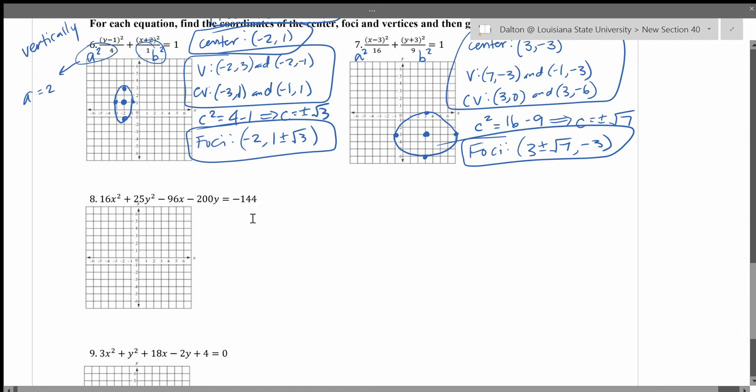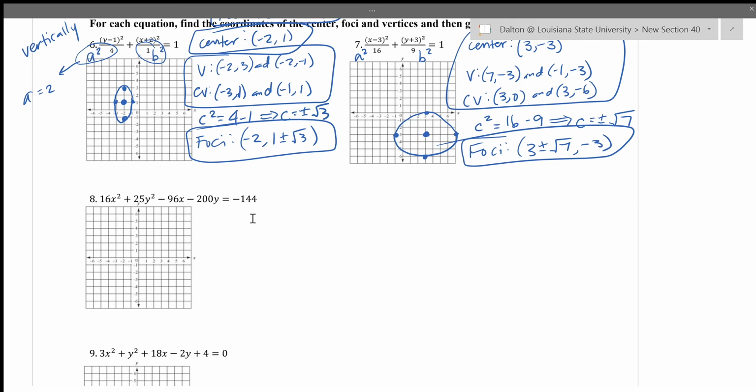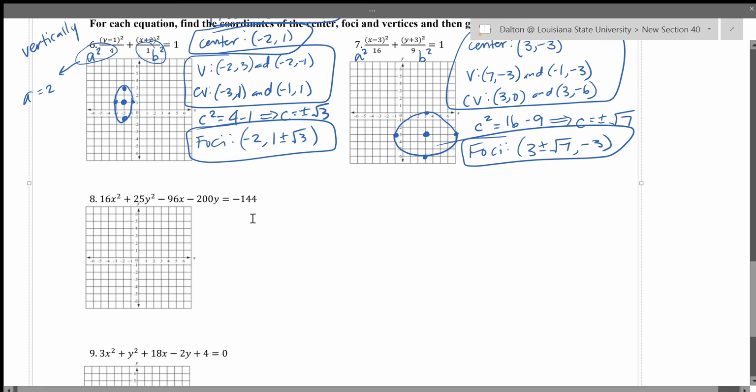So yesterday when we did circles, we implemented completing the square in order to get this into the form that we need. And we're going to do the same thing for the ellipse, except we're going to complete the square twice, and there's going to be one little difference that we have to be mindful of. Okay, so the first thing that we want to do is group our variables, x's with x's, y's with y's.